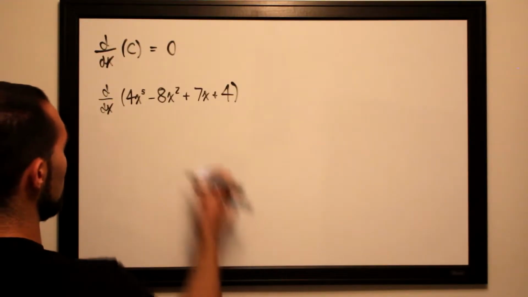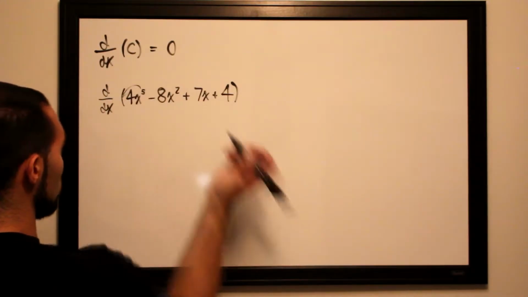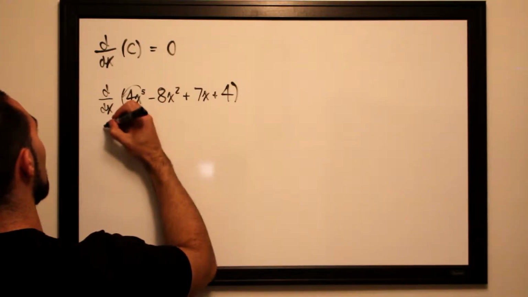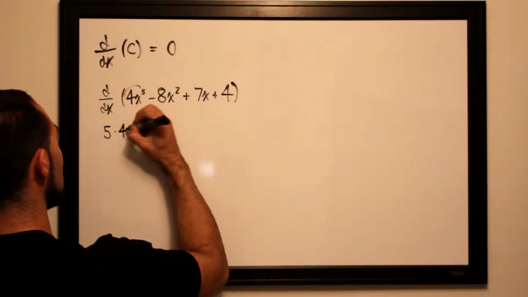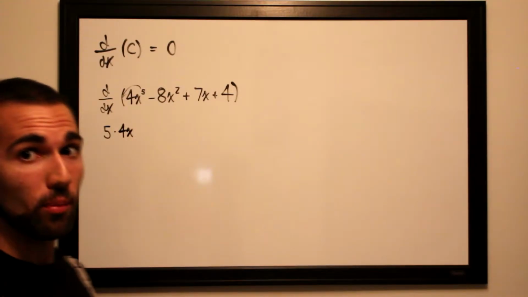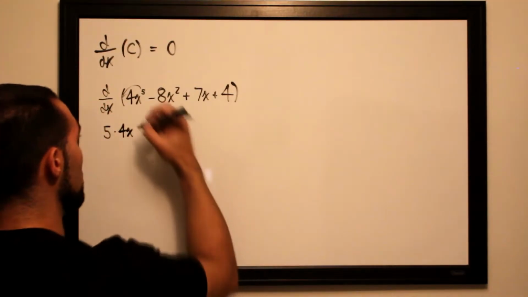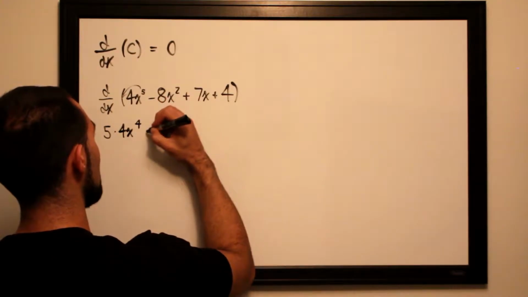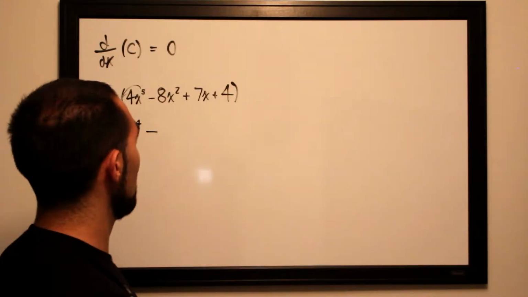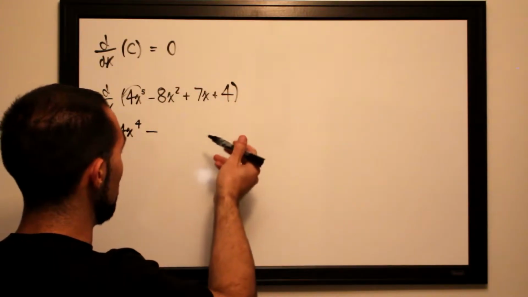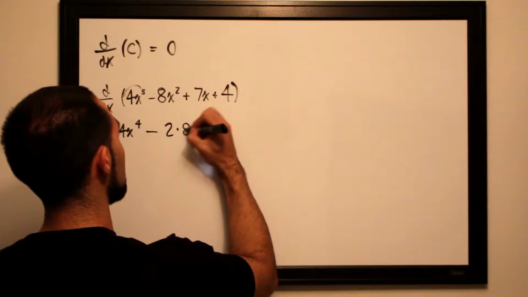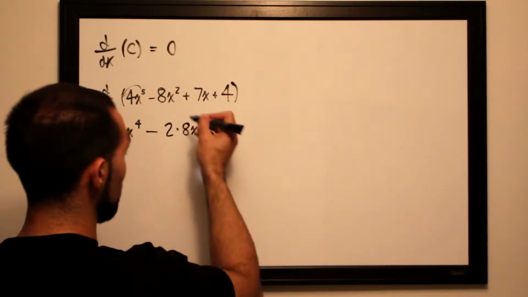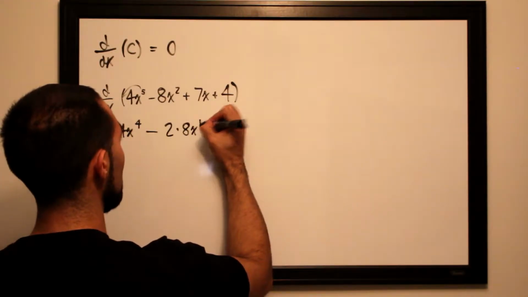Essentially what we'll be doing is take the exponent, drag it down, so this will become 5 multiplied by 4x, and then we subtract 1 from the current exponent, which will be 4. Then we subtract, and then we drag the exponent down as we did before, so this will become 2 multiplied by 8x, and then we subtract 1 from the exponent, so we'll be left with 1.